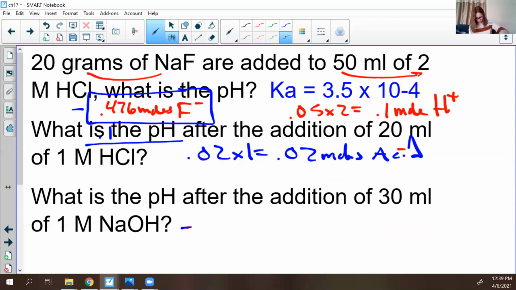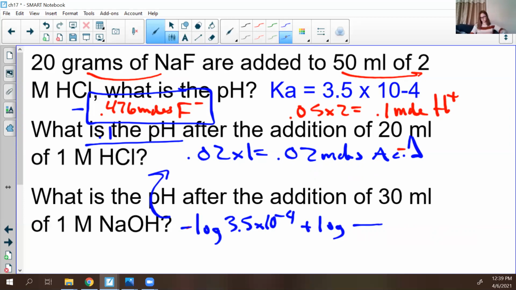So I still have the negative log of that, and once again this is for this problem, even though I'm writing right here, plus the log. The base went down. So 0.356, and this one went up to 0.12. Okay, we plug that in.